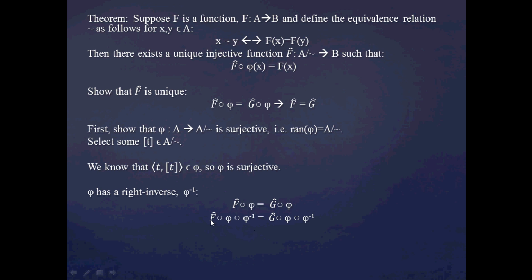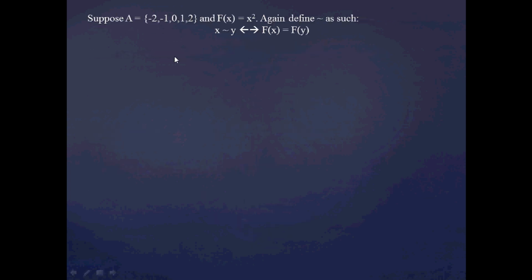So I have f hat of phi inverse equals g hat of phi inverse. And since this inverse exists, the action of phi inverse is just the identity operator. So when I apply that right inverse to both sides, I'm just going to get f hat of the identity is equal to g hat of the identity. And that, of course, implies that f hat and g hat are the same thing.